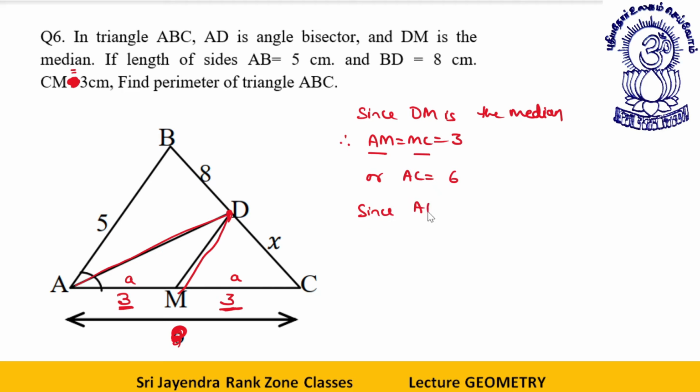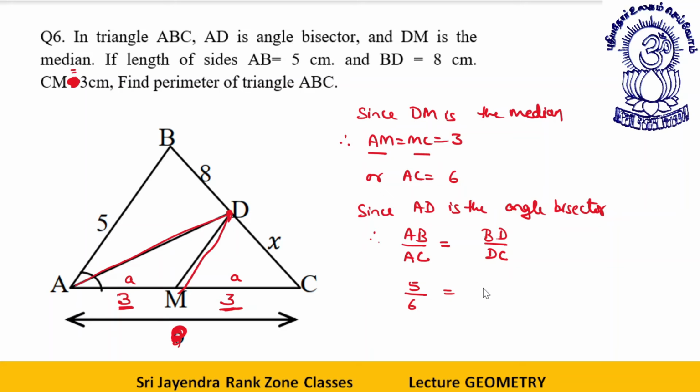Now, since AD is the angle bisector, AB by AC is equal to BD by DC. Now we have everything. What is AB? AB is 5. We have AC as 6. DC we don't know right now.